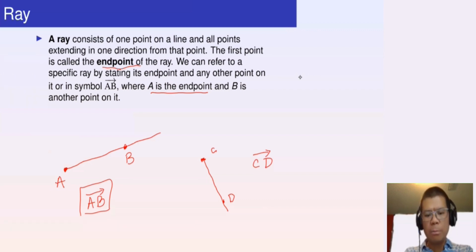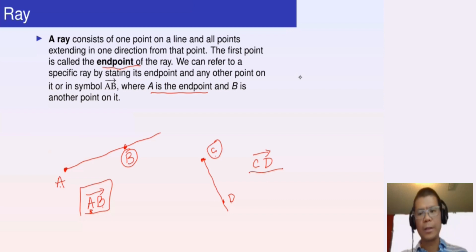Now be careful: B is any point on the ray except the endpoint. So A is the endpoint, B is a point on the ray, and CD means C is the endpoint and D is a point on the ray.